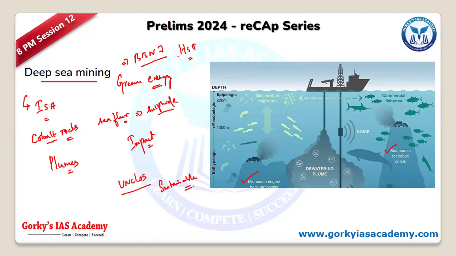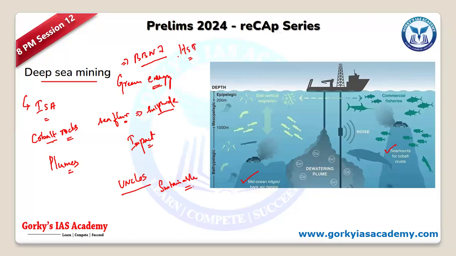This is one of the important steps towards biological diversity, especially in the deep sea. Remember that they have already asked about the International Seabed Authority recently, so possibly they may ask about other parts of these areas.